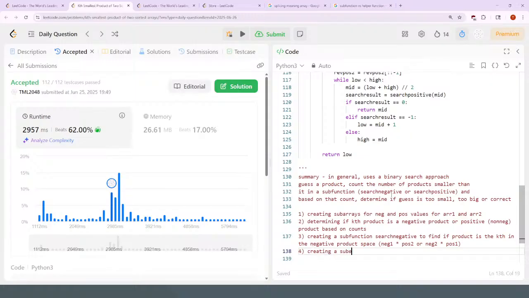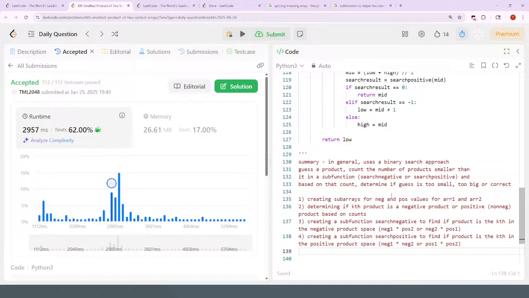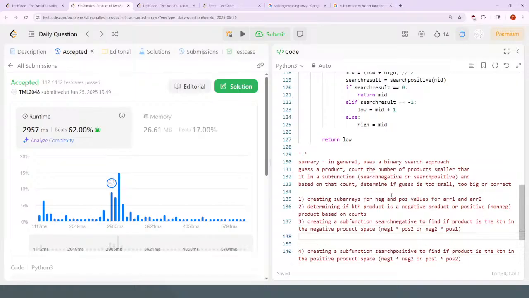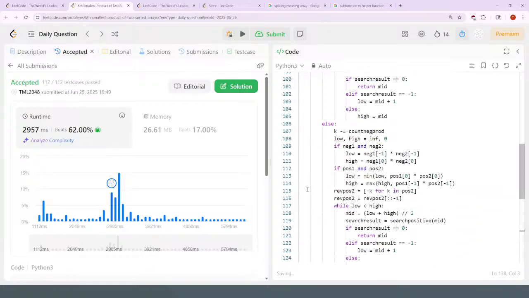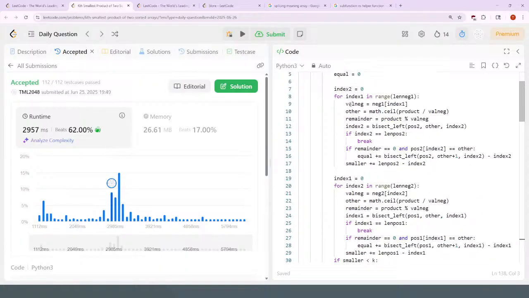Creating a subfunction, search positive, to find if the product is the kth in the positive product space, and this is negative 1 times negative 2, or positive 1 times positive 2. And then here, I guess the main thing that was difficult was actually this loop deal, right?